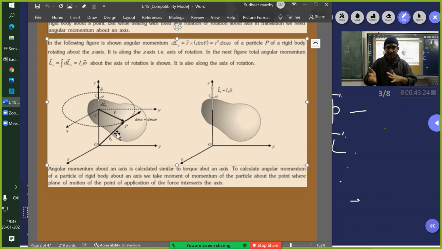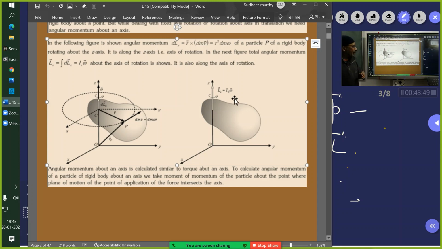We cannot take any arbitrary axis. I take a body, one particle is rotating like this, another particle is rotating like this. Then where is the axis of rotation of the body? Axis of rotation for this particle is this, axis of rotation of this particle is this. Now you cannot have two axes for the same body simultaneously.